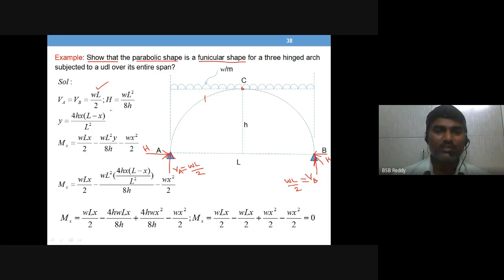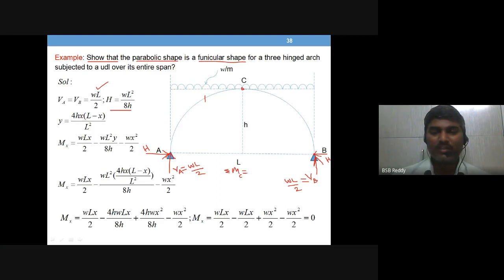Then how do you get the H value? Horizontal reaction is again by the same procedure. Pick half of the arch, either to the left of C or to the right of C. Taking left of C, we apply sigma MC equals 0.